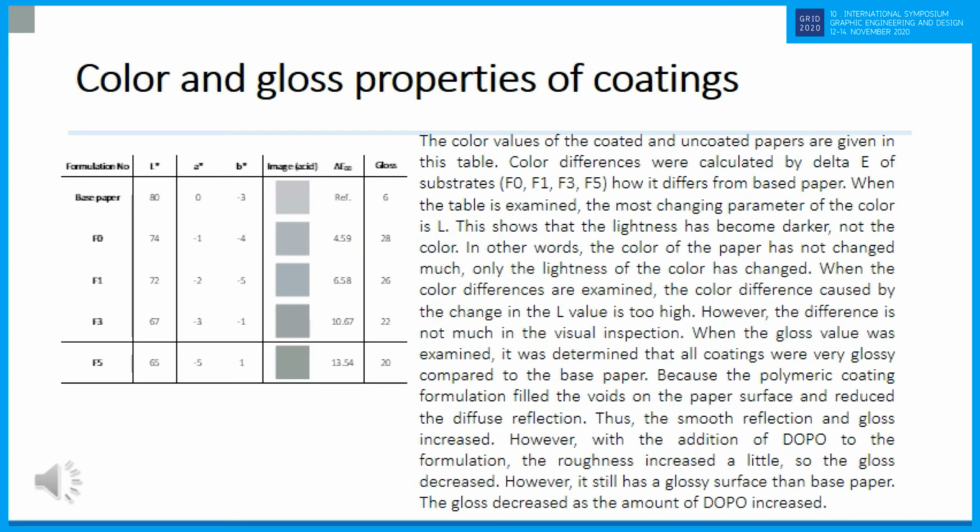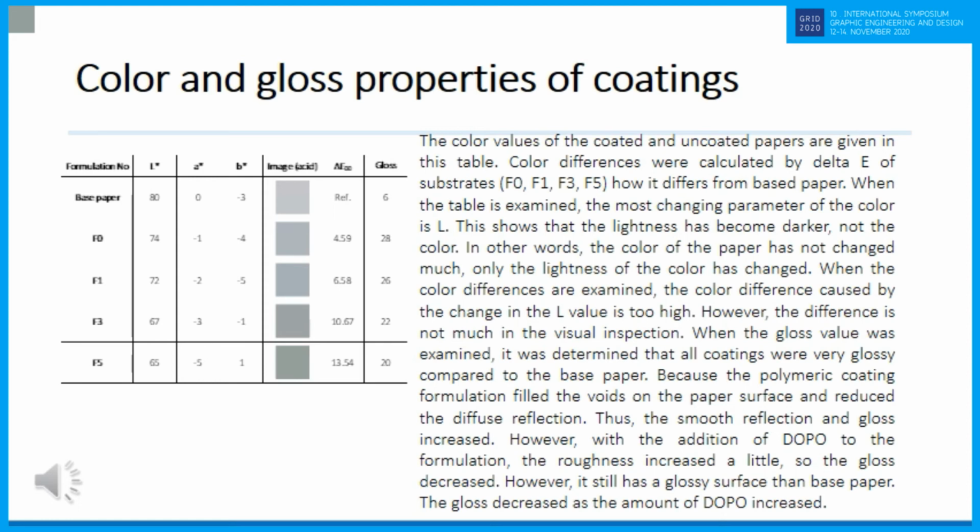When the color differences are examined, the color difference caused by the change in the lightness is too high. However, the difference is not much in the visual inspection. When the gloss value was examined, it was determined that all coatings were very glossy compared to the base paper.